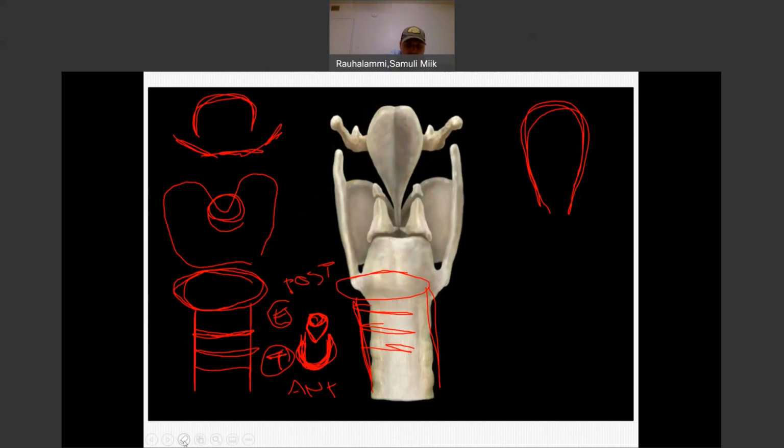We can see our arytenoids really clearly on both sides, and we can also see our cricoid cartilage below them. The epiglottis as well, like we discussed earlier on, is really prominently visible here, the flap-like structure. I think that's all I can think of that I really want to highlight.